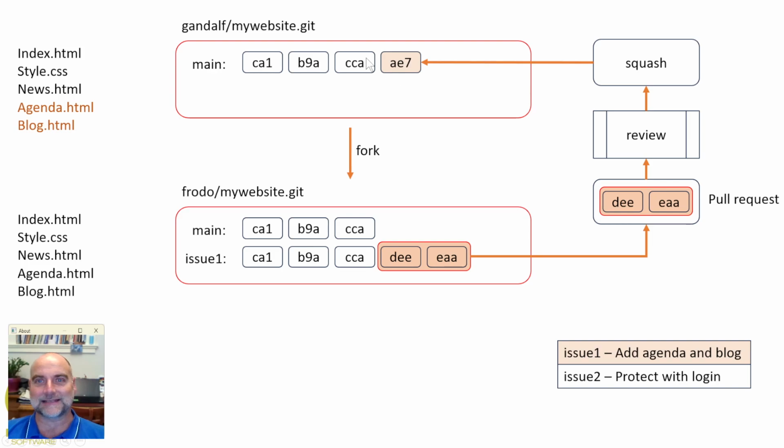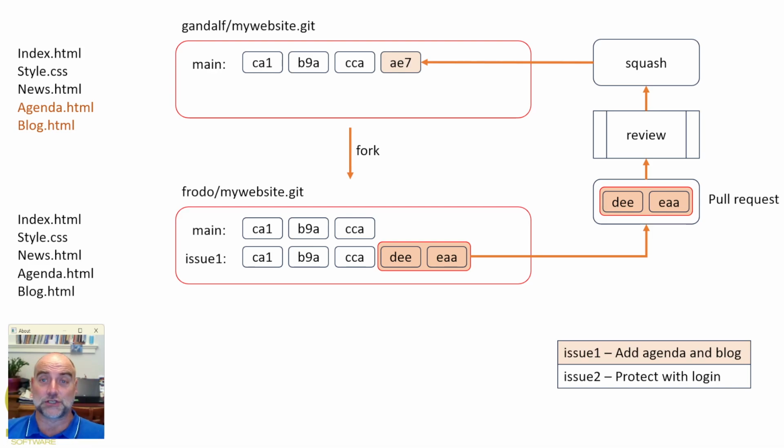So you can see that's AE7, a completely different commit than these two. These two commits are no longer needed or required. I mean, this is just a work branch. So what happens is you get these commits, and those are squashed into a new commit.